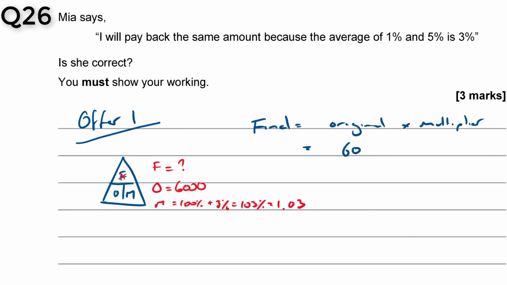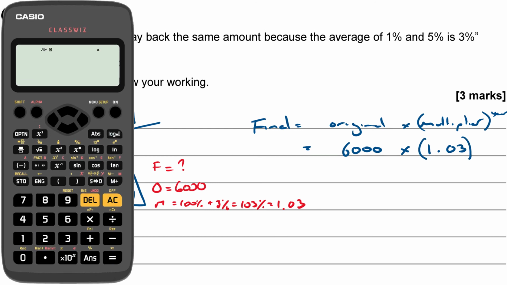So it's going to be 6,000 times 1.03 squared. So what's that then? 6,000 times 1.03 squared comes out to be £6,365.40.